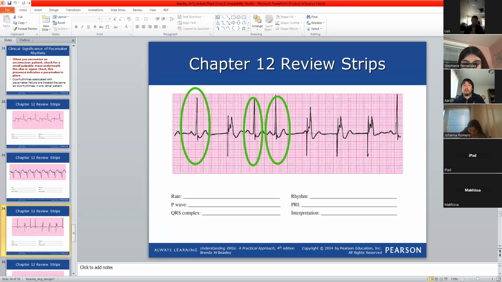So these three circles which I drew represent what?